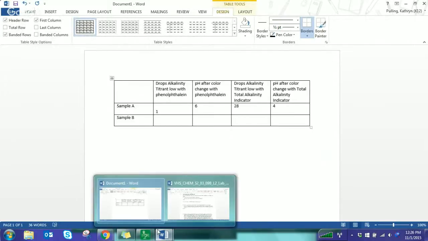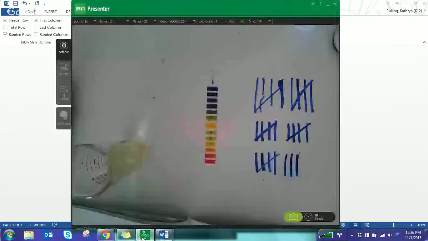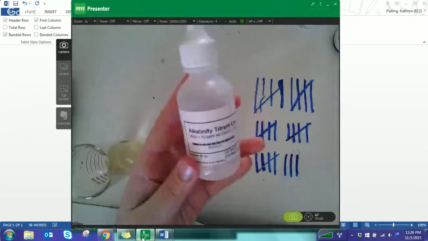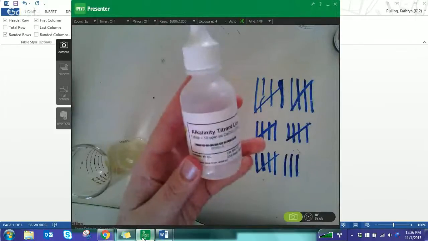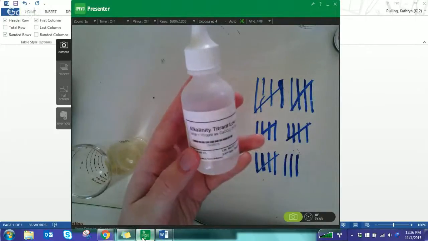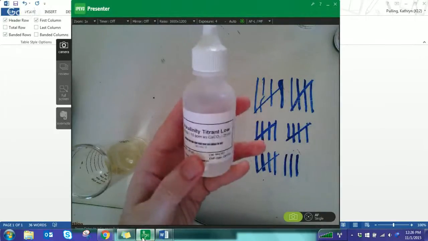Now, if you remember on the bottle, the alkalinity titrant low, for every drop you have, that's like having an equivalent of 10 parts per million of calcium carbonate in the water. All right?